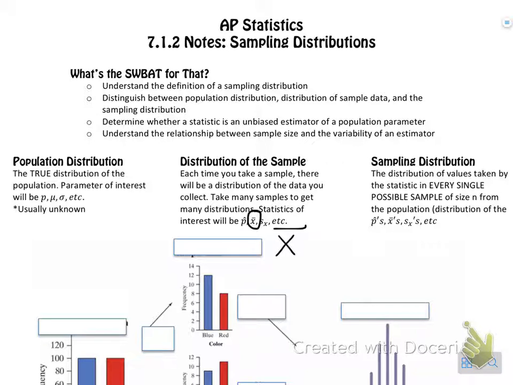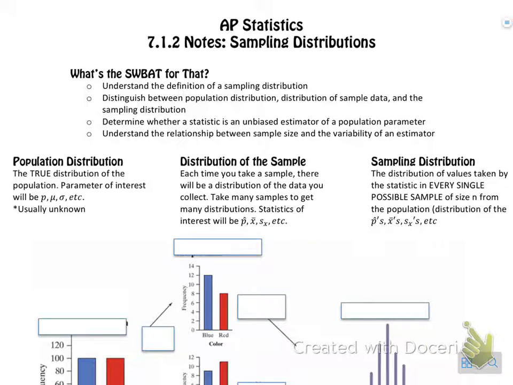And so you'll have a different distribution depending on what your sample is. If I take a sample of 100 people, I'll get a certain mean height. And then if I take a new sample of 100 people, I'll get a different mean, right? So that's the distribution of the sample.